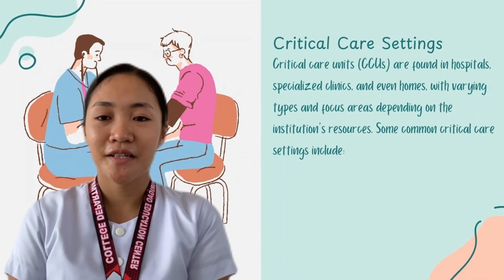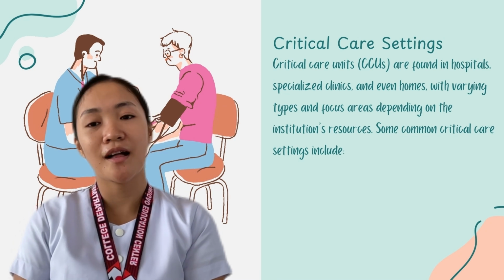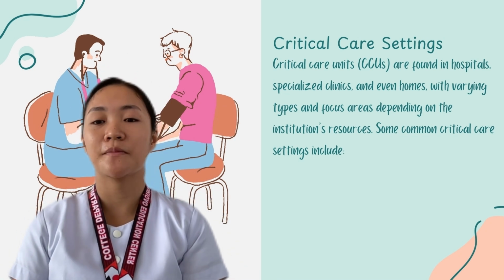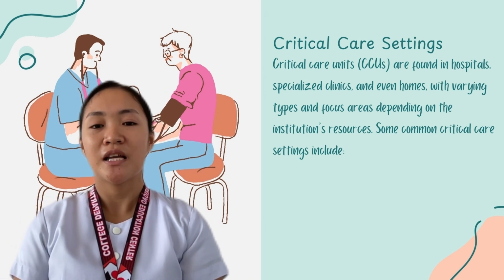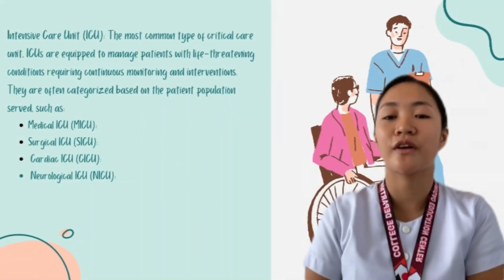So critical care settings, the critical care units or CCUs, are found in hospitals, specialized clinics, and even homes, with varying types and focus areas depending on the institution's resources. Some common critical care settings include the intensive care units.